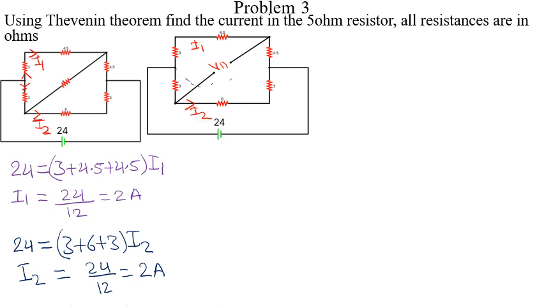Now we need to find the total resistance, that's RTH. Sorry, I left something out. We've not found VTH. We are looking for VTH. To find VTH, we can take a loop.